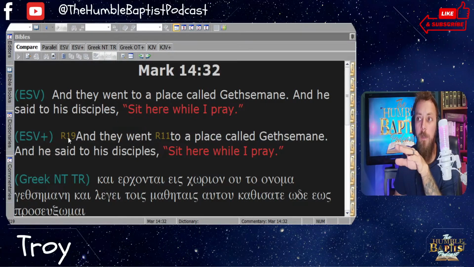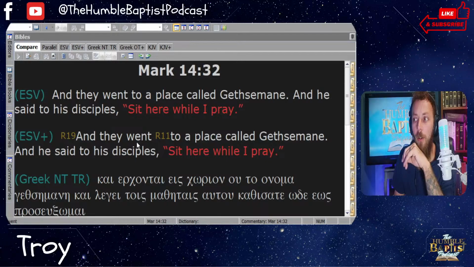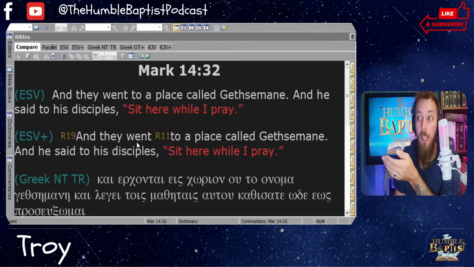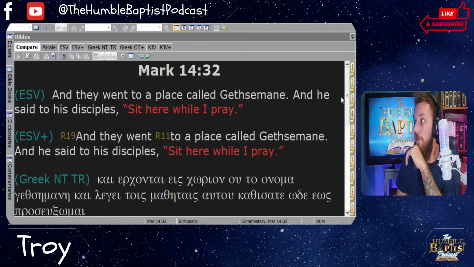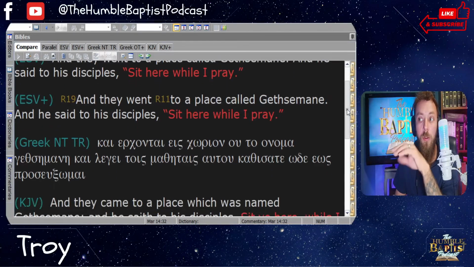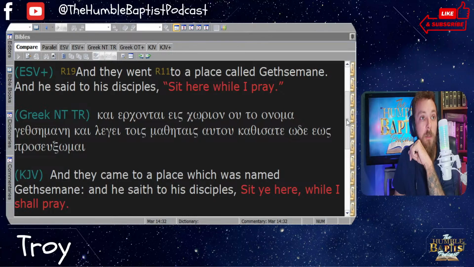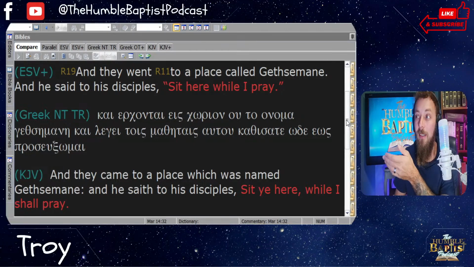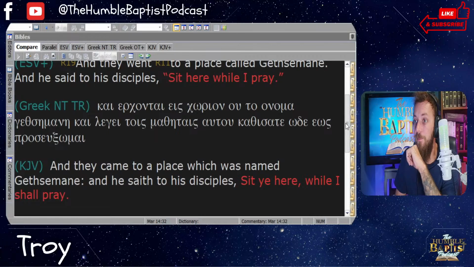This is the ESV with Strong's numbers. These are just the different tabs that I have downloaded that I like to study. From the Greek New Testament, the Textus Receptus, right? If you'll remember our last series on how we got the Bible, you'll understand what the Textus Receptus is. We've got the Greek right there.